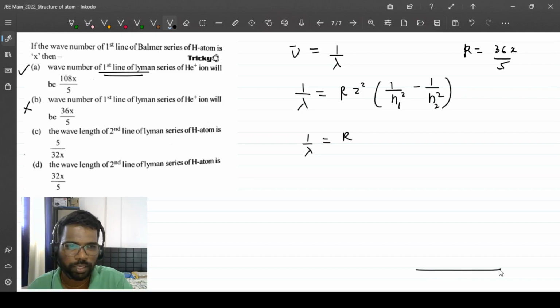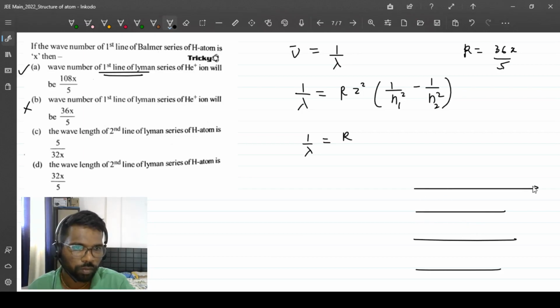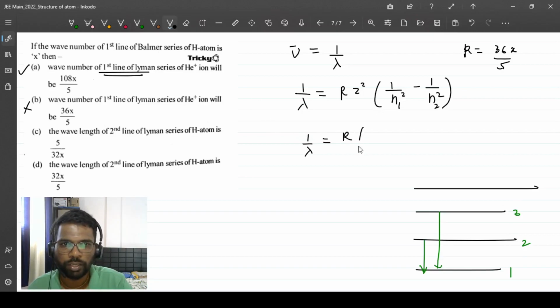Second line of the Lyman series means this is the first line of the Lyman series, this is the second line. This is 1, this is 2, and this is 3. The first and second lines of the Lyman series. So this will be of the hydrogen atom, means Z is equal to 1, 1 square will be equal to 1. So 1 upon N1 square is 1 minus 1 upon N2 square.